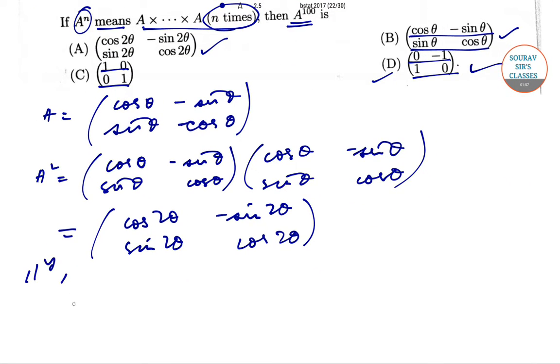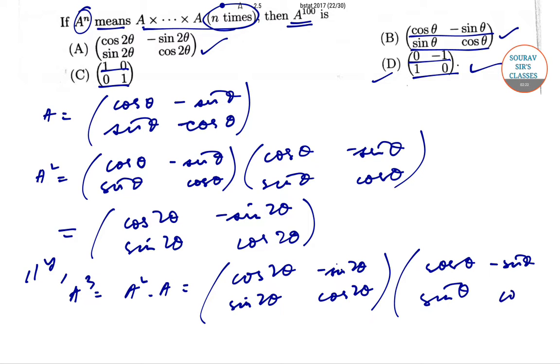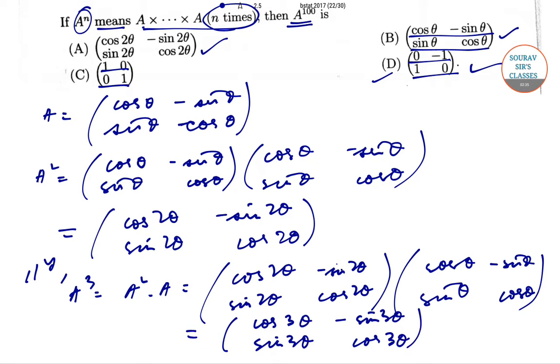Similarly, A cube will be A square into A, that will give us cos 2 theta, minus sin 2 theta, sin of 2 theta, cos of 2 theta into cos theta, minus sin theta, sin theta and cos of theta. We will see that this will give us the matrix cos 3 theta, minus sin of 3 theta, sin of 3 theta and cos of 3 theta.